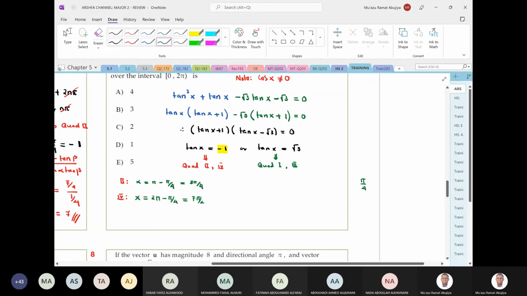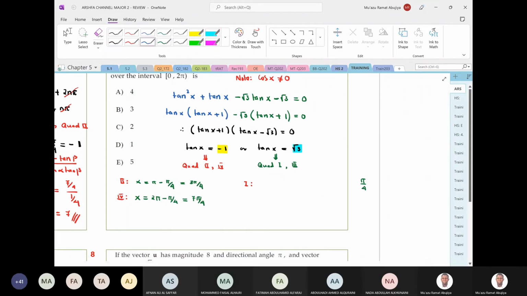Now, this is in 2 quadrants. Now, what about in quadrant number 1? For this other case, in quadrant number 1, which famous angle is going to give us tangent to be equal to root of 3? Root of 3, that is going to be 60 degrees, right?